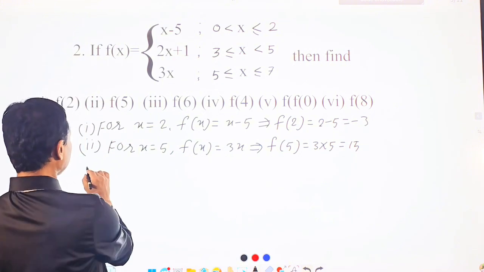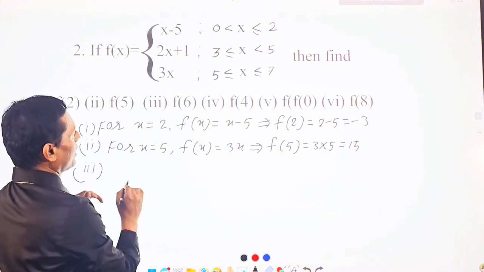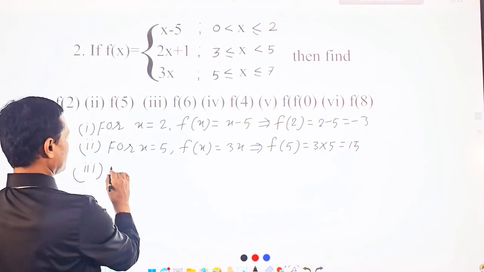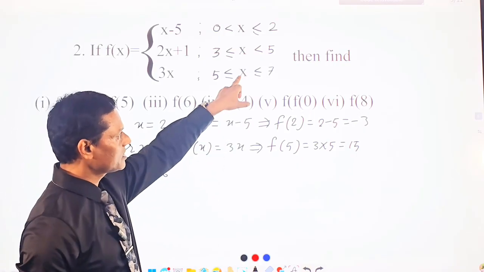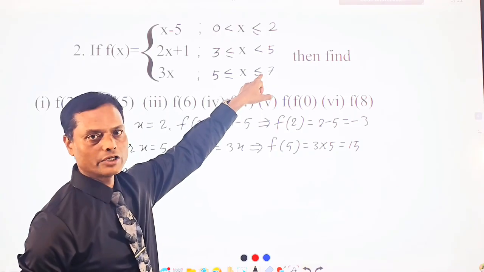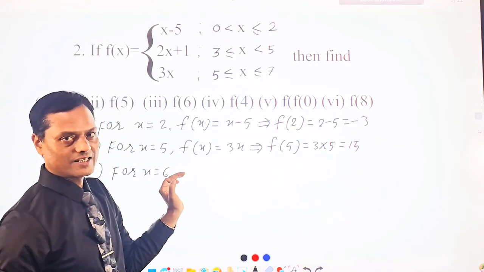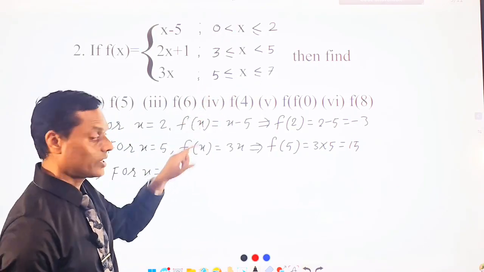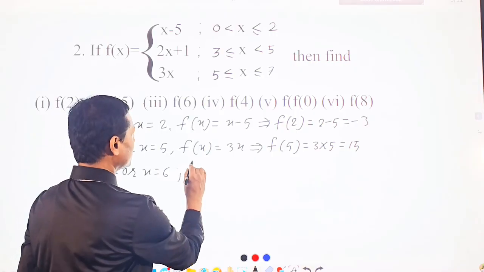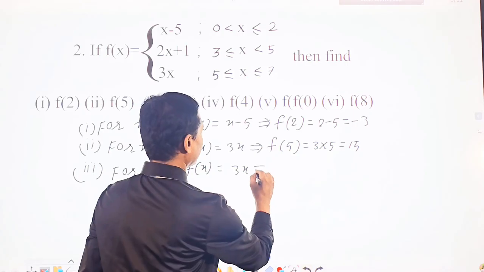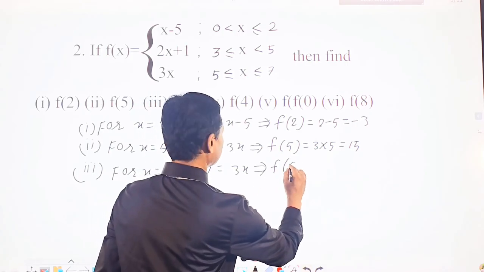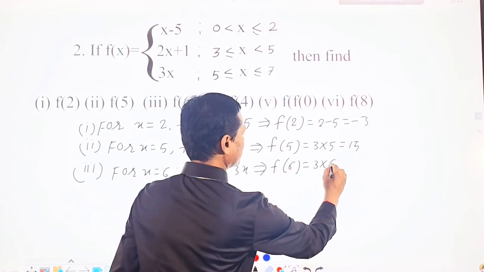Likewise, number 3 we have f(6). For x equals 6, the value of x is less than or equal to 7, and 6 is more than 5 as well, right? So here also the same condition, f(x) equals 3x, which gives us f(6) equals 3 into 6, that is 18.